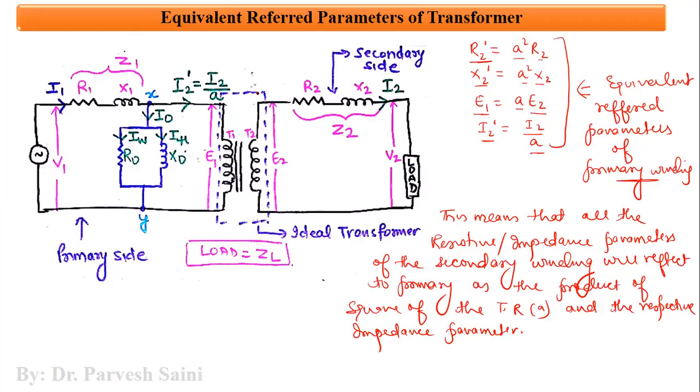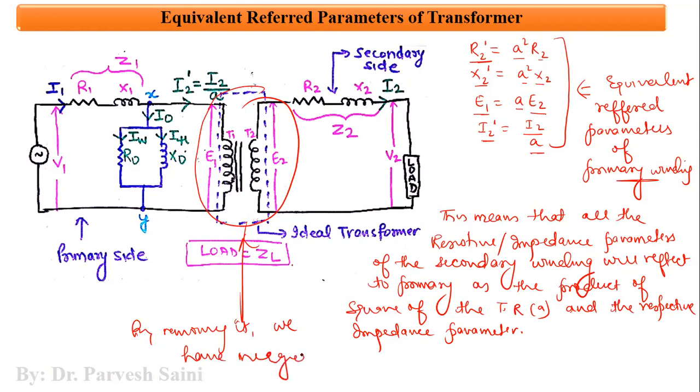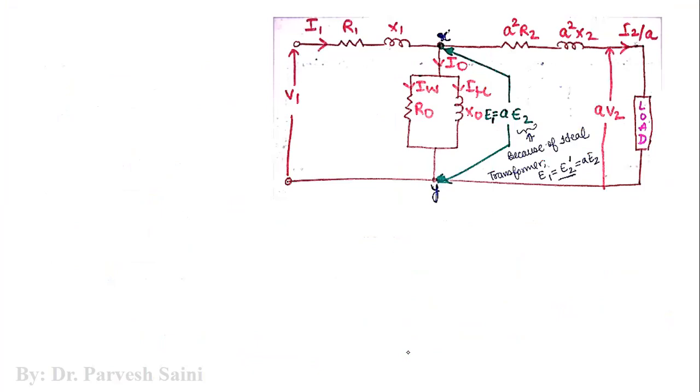Now what we have done, basically we have removed this particular part. So by removing it, we have merged the two circuits, right? As you can see, we have replaced R2 with A square R2. We have replaced X2 with A square X2. We have replaced I2 dash with I2 by A basically. And the voltage V2 will reflect in primary as product of transformation ratio and the voltage.